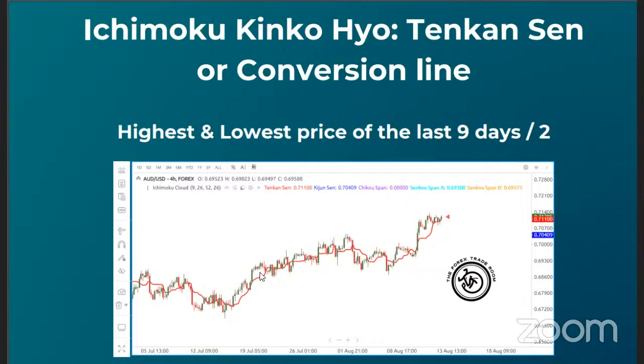So if you look at a chart, that first line we're talking about is your Tenkan-sen line, your conversion line. If you're using TradingView, it'll use the English term, your conversion line. You can see how it hugs closely to price.